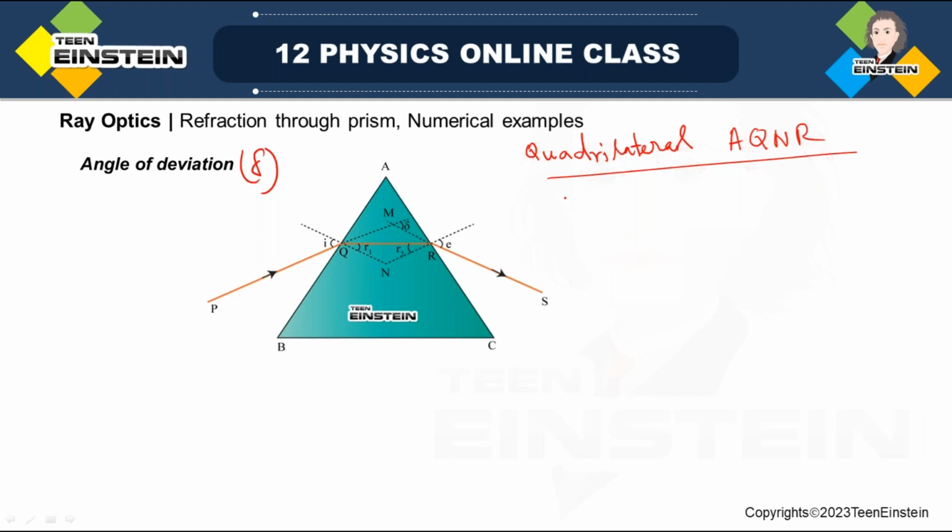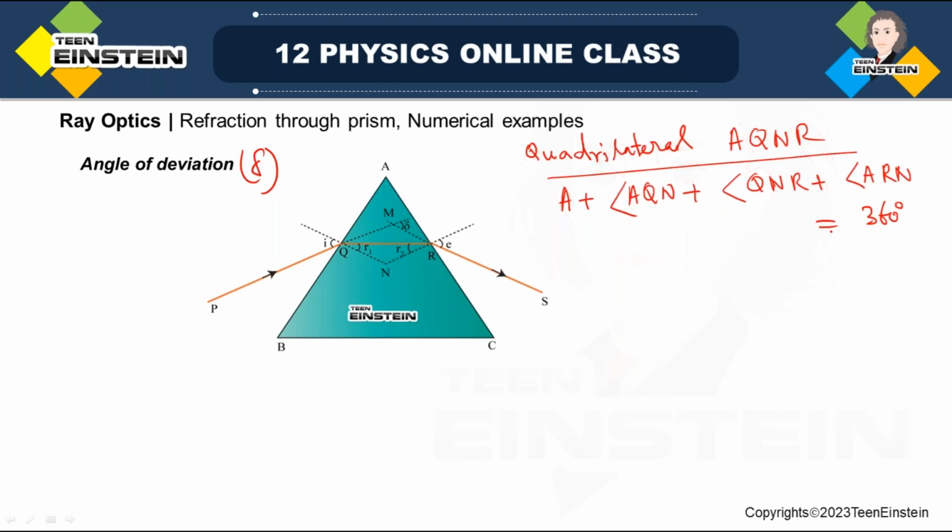The angle of prism is A, plus angle AQN, then angle QNR, plus angle ARN. The total of these will be 360 degrees, isn't it?